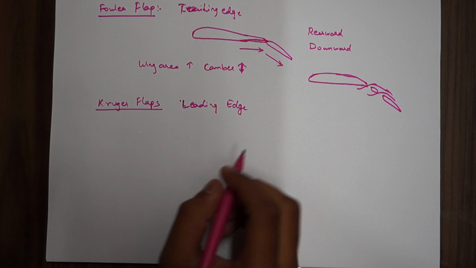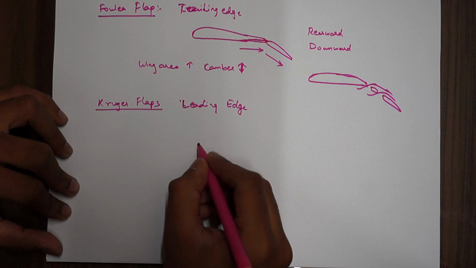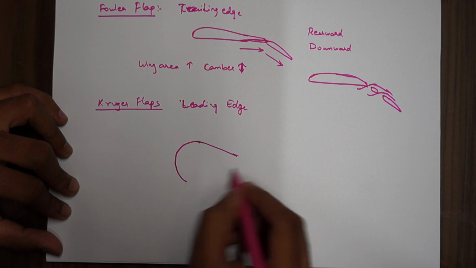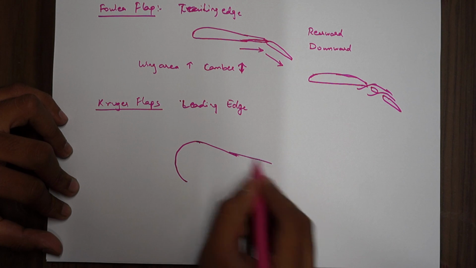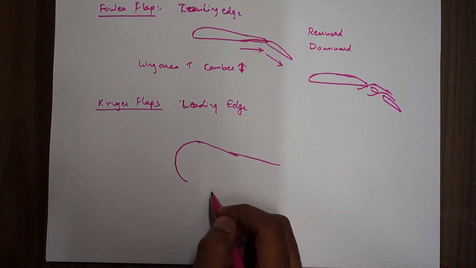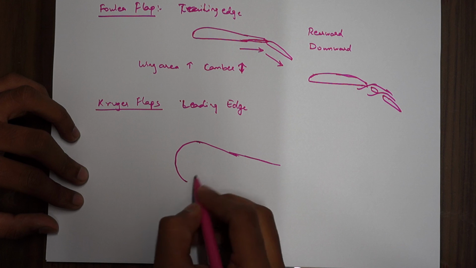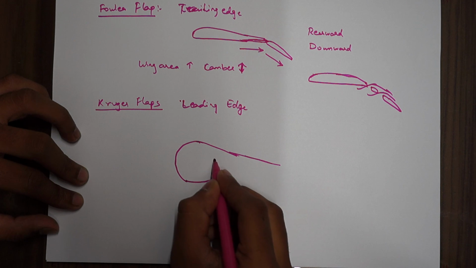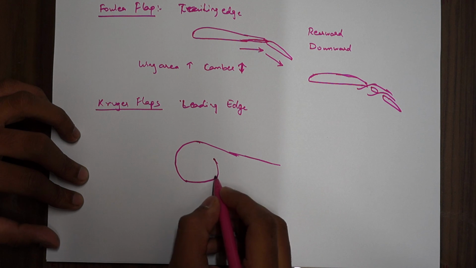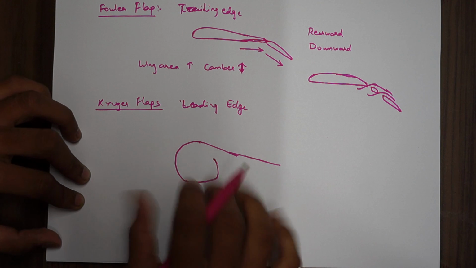Now a Kruger flap is something like this. Suppose this is the leading edge. I will not complete the whole thing. It is part of the lower surface of the leading edge and can be rotated about the forward edge. So there is a flap system like this. This is not deployed yet.